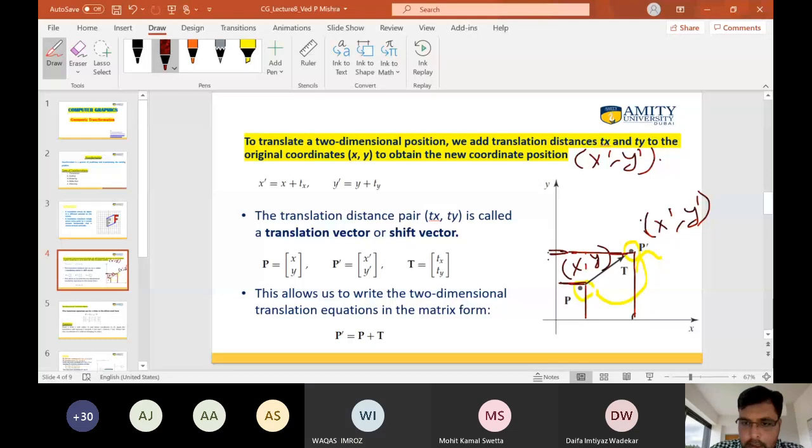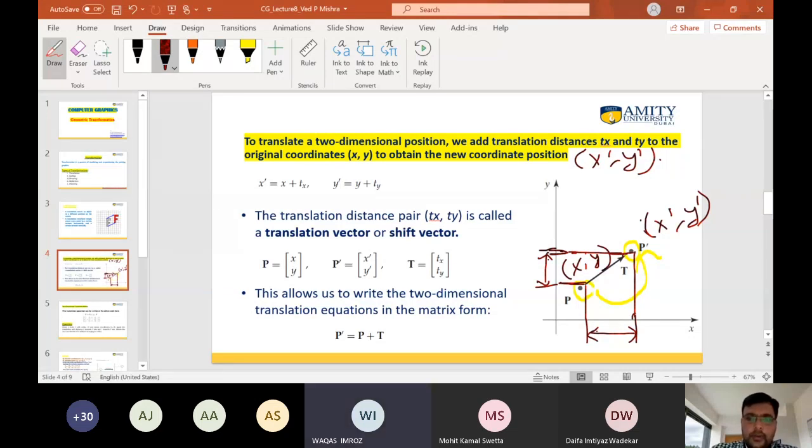Is there any difference here between x, y and x dash, y dash? Yes, these are the differences. One difference, the translation vector, you can say Tx, and another one you can say Ty.